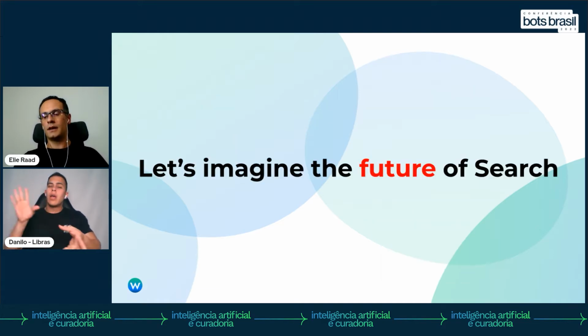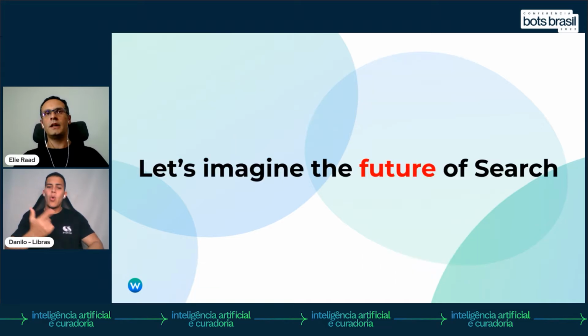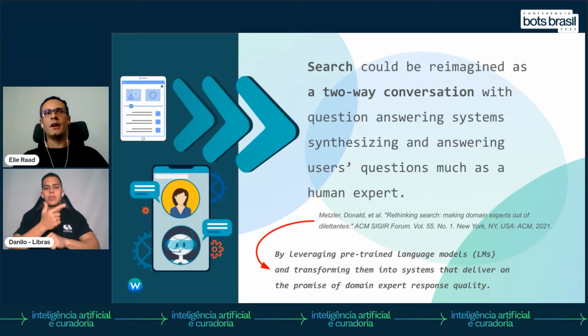Now, this is what we have right now in 2022 on the search. If you want to imagine and start looking at the future of search, it's one of many versions. In this version, we see search as a conversation between a user and a machine.